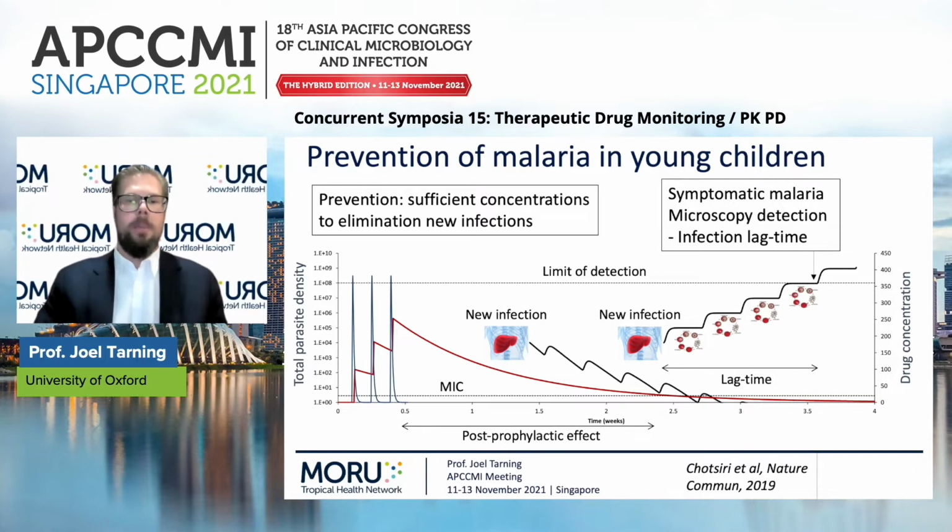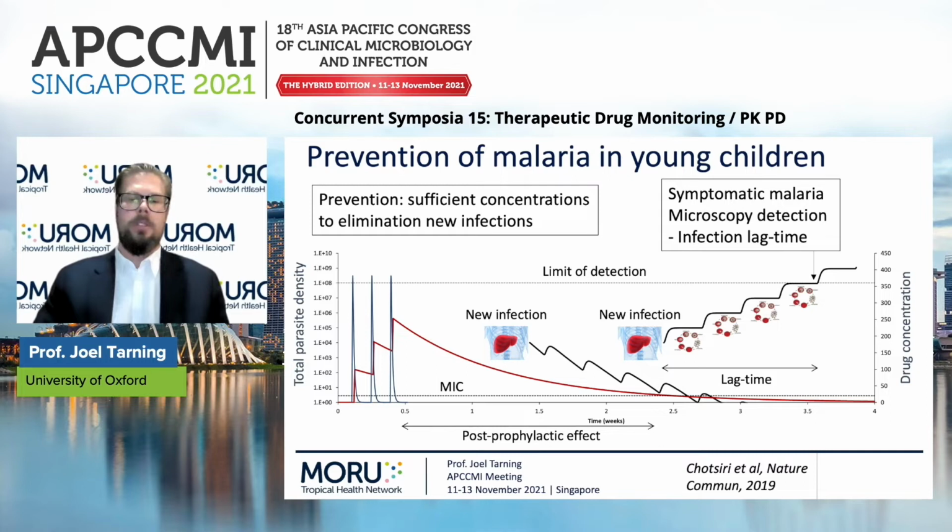And if a new infection happens around here, these parasites will be eliminated by the residual drug concentrations that we have in the body. And the patient will never know that they had an infection. So in this case, you had sufficient concentrations to eliminate a new infection.